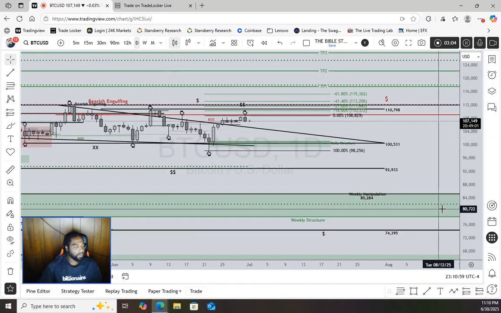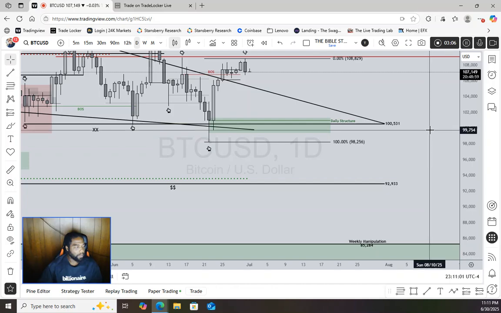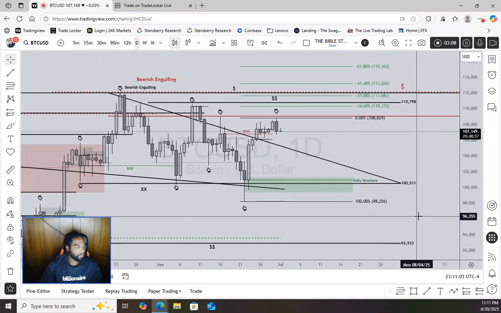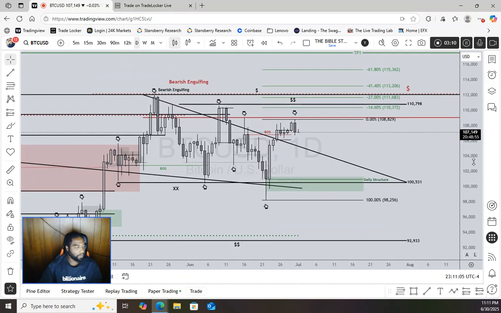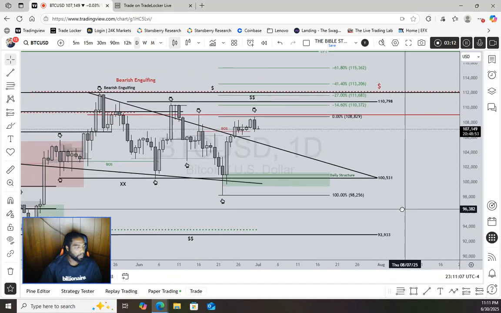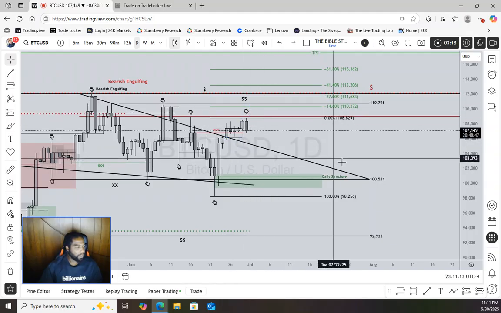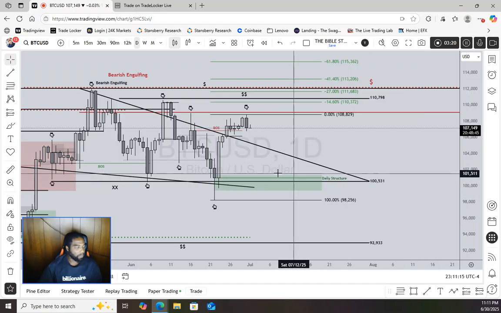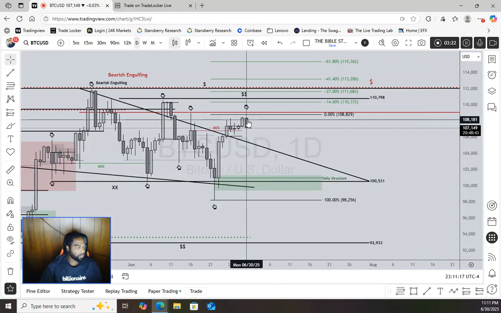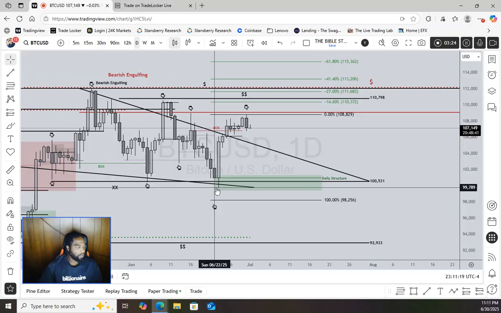So let's scale down to the daily, see what type of price action we are encountering here. Now on the daily, we just encountered this bearish engulfing, which has given us a swing point, swing to swing, low, high.